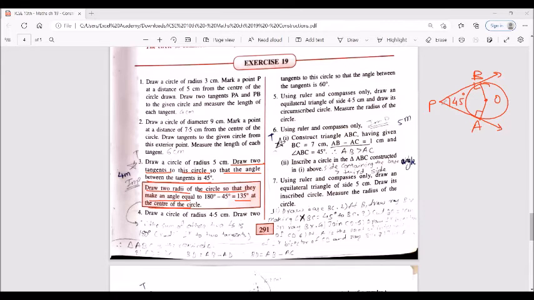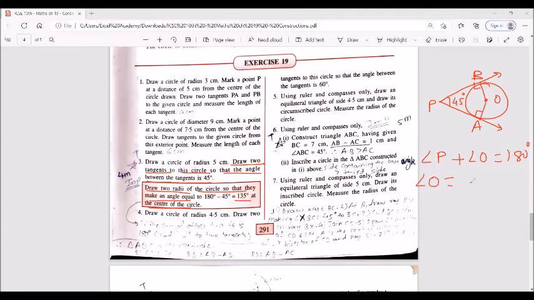And we also know that PBOA or AOBP is a cyclic quadrilateral, isn't it? And this means that the opposite angles are supplementary. So angle P plus angle O is 180 degrees. Do you understand what I'm saying?